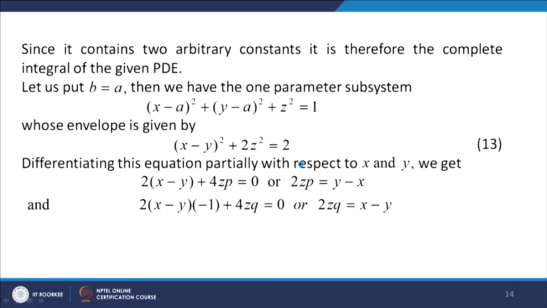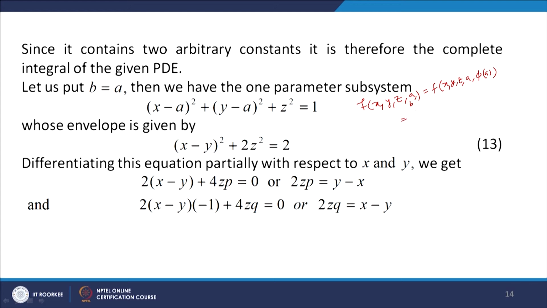Now, let us put b equal to a here. Then we have the one parameter subsystem x minus a whole square plus y minus a whole square plus z square equal to 1. Its envelope is given by x minus y whole square by 2 plus 2 times z square equal to 2. So, this we can find. Let us write f(x, y, z, a) equal to phi(a, b), which is f(x, y, z, a, phi(a)).